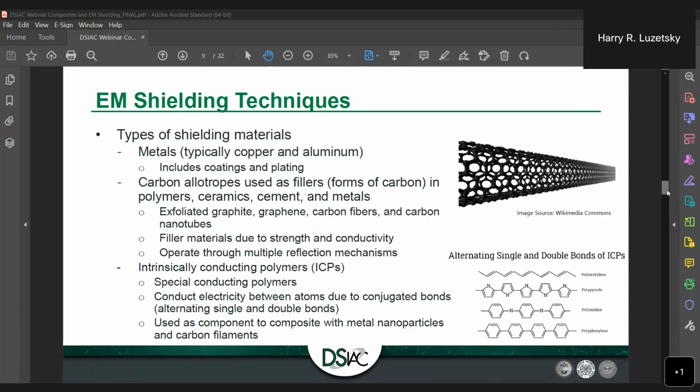Interesting thing with all of these additives, when we're talking about the fillers and allotropes, things like that, is typically they're going to go into a composite material which is, say, injection moldable. So really you're putting it into a resin system and then injection molding it into a component of a certain configuration. Next.